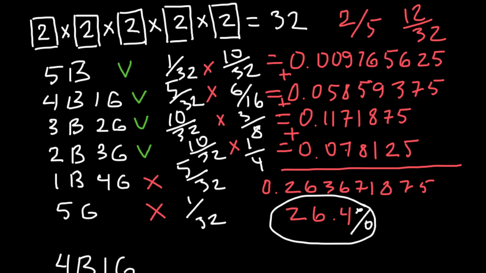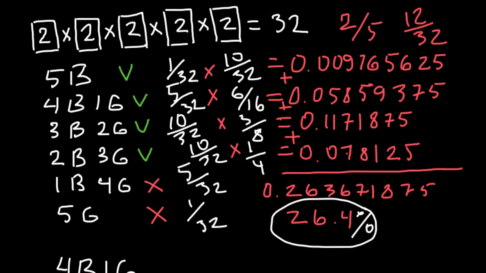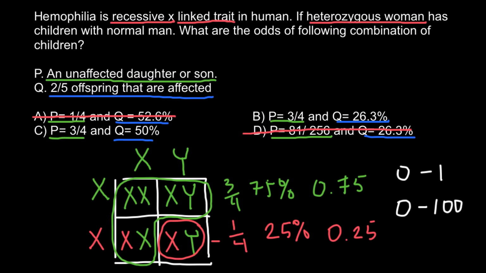Of course we would put a percentage here, and let's check our answers, and as you see, this is going to be answer B. Though we have 26.3 here, I believe that the professor who prepared this quiz, this test, just used rounded numbers during his calculations, and as you see, when we use large numbers and do our final rounding at the end, we got 4 instead of 3 here, but this is a negligible difference, so the correct answer is B. One more time, the probability that 2 out of 5 children would be affected would be 26.3 or 0.4%.